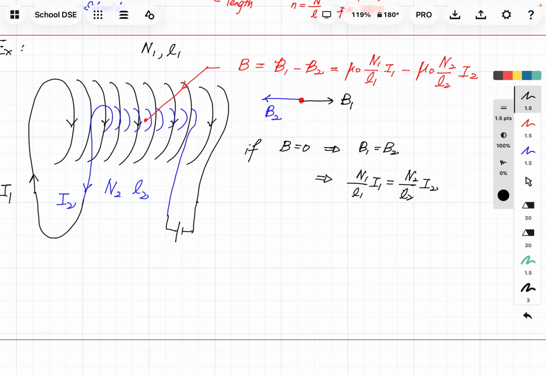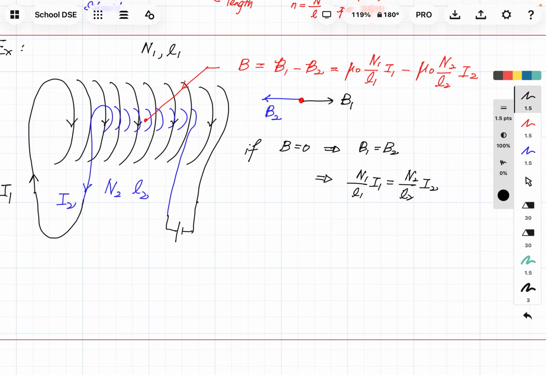So it's N2 B1 A1, where A1 is pi R squared. And this N should be the number of turns of the solenoid. And we are talking about solenoid 2, so therefore it's N2.